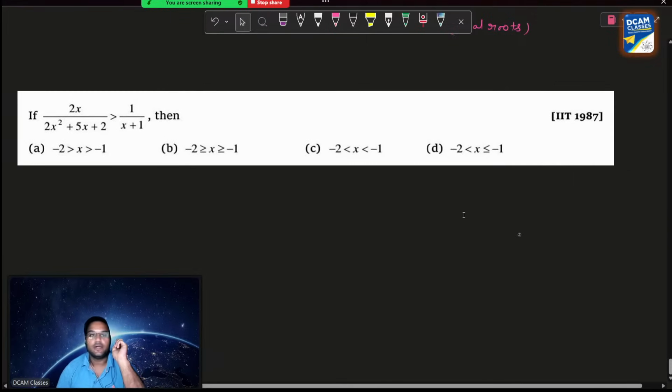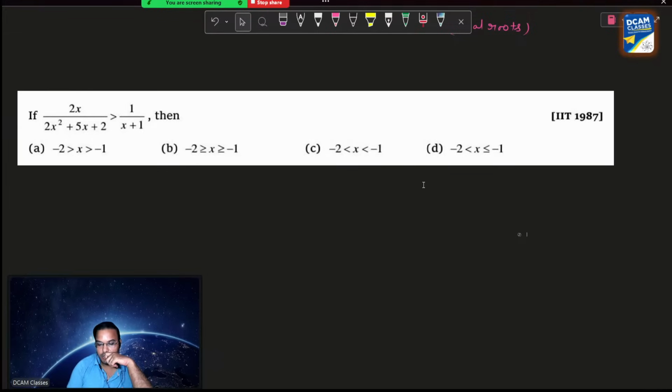See, this is an inequality question. If you remember inequality, you will be able to solve it. You will have to use wavy curve method. These are all the different kinds of questions you may get in this. Acha.